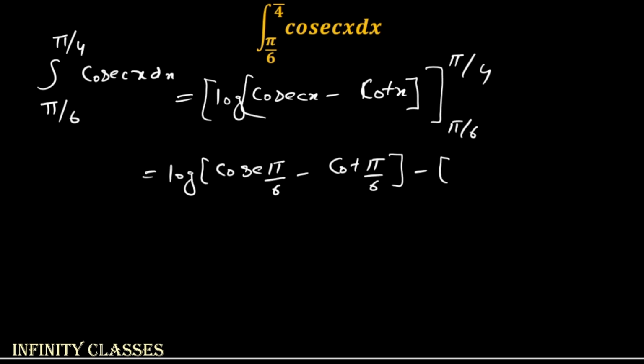Listen, so upper limit, I am writing here minus, okay, because I have used the lower limit first. So this one, and here is plus. So log cosec upper limit pi by 4 minus cot pi by 4.